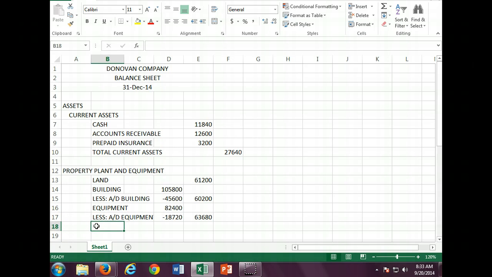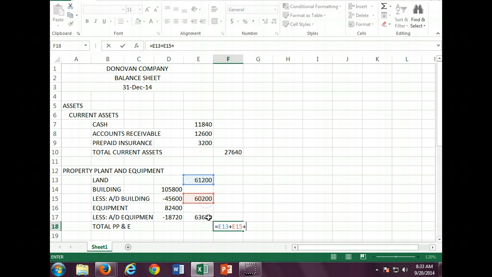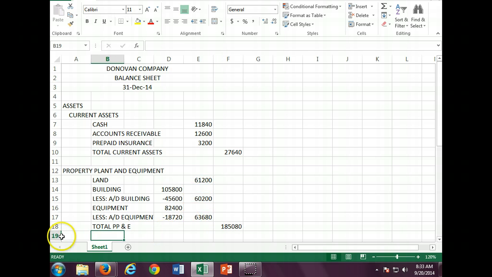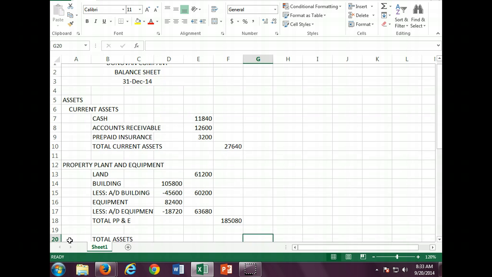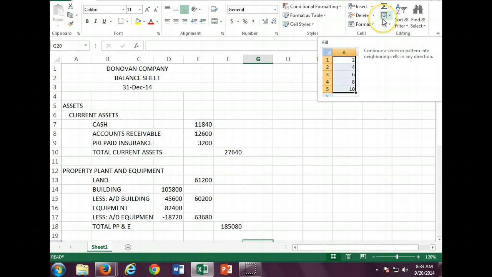Okay, so then we have our building and equipment. What other assets do we have? Any others? Equipment, land, building, we're done. Yep. So now just total assets. Now they don't do it, but I would do a total PP&E, and then I would show total assets, and I would combine these two columns.